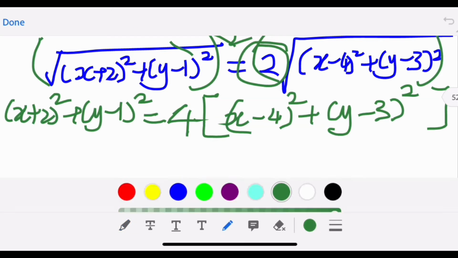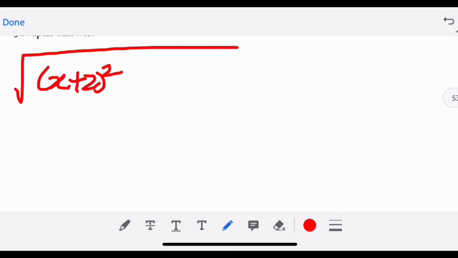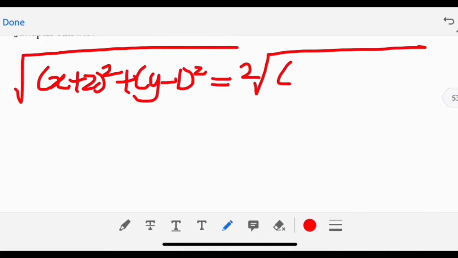Now, firstly, we have the distance: x plus 2 square plus y minus 1 square equal to 2 times x minus 4 square plus y minus 3 square.